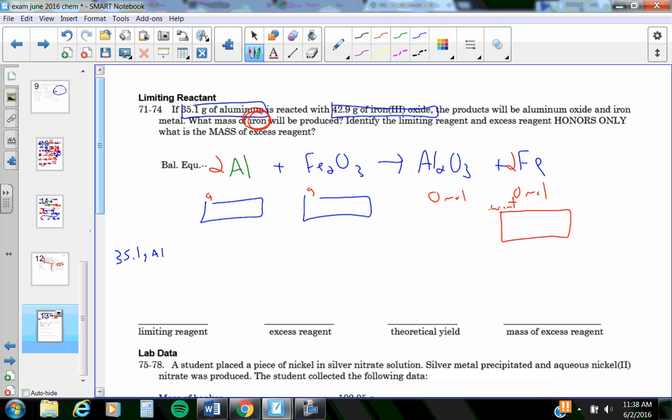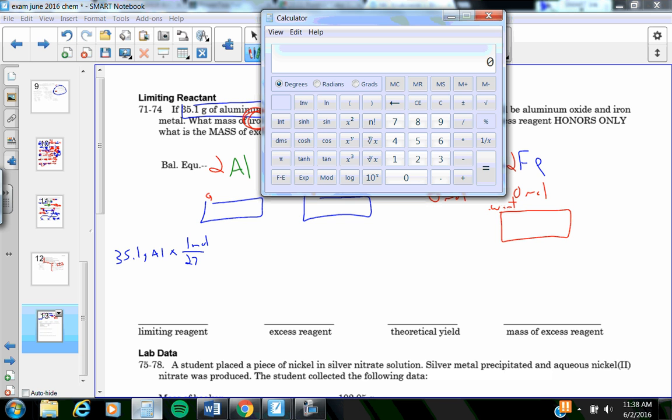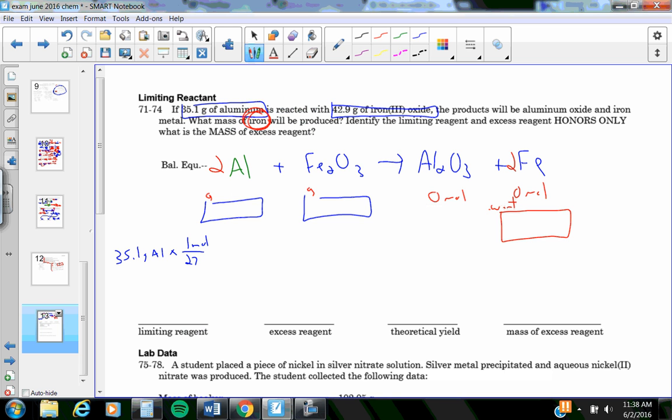Next step, everything's in grams, got to change it into moles. 35.1 grams of aluminum times 1 mole is 27 grams. 35 divided by 27 equals, I got 1.3 after rounding. 1.3 moles of aluminum. I also have iron oxide, 42.9 grams of Fe2O3.